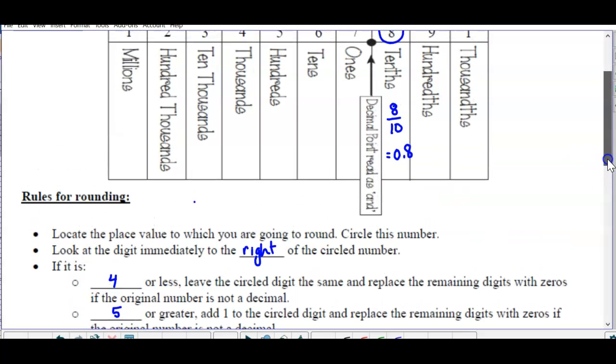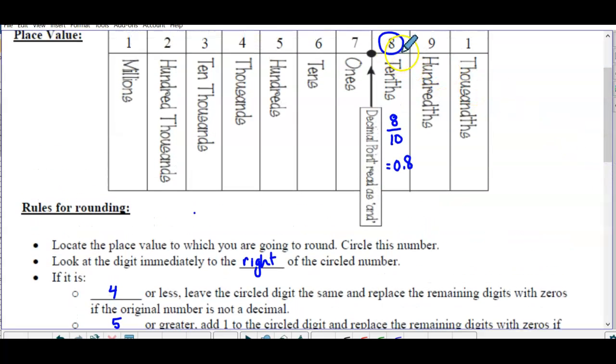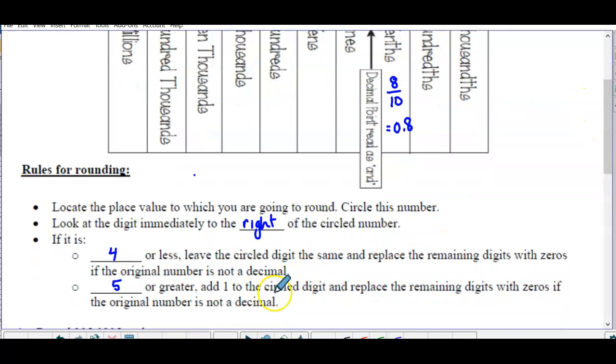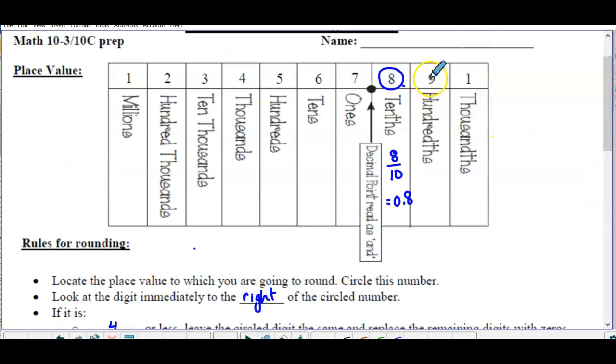For this, if I were to round this one, my digit to the right is 9, which makes this increase by 1. So it says if it's 5 or greater, add 1 to the circled digit and replace the remaining digits with zeros if the original is not a decimal. So this is a decimal, so this makes this go up to a 9, and then I would just leave it. So then all of these numbers would stay the same, right?